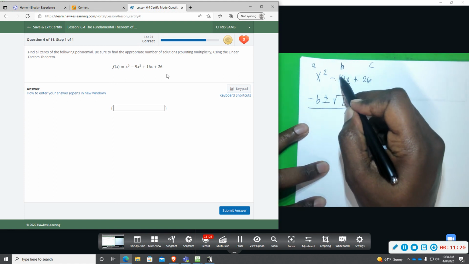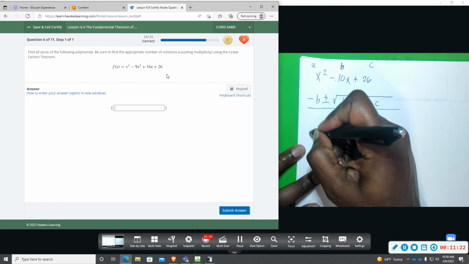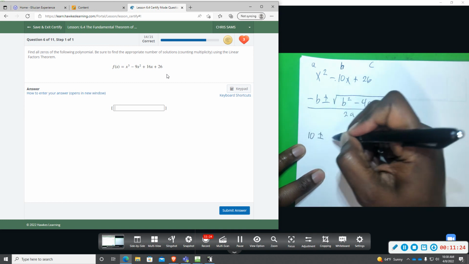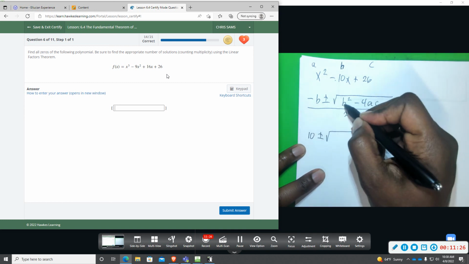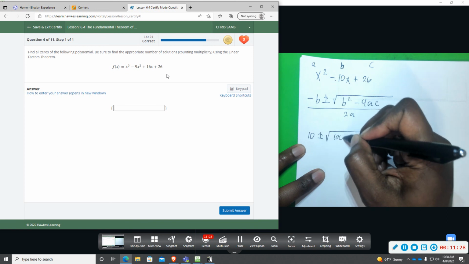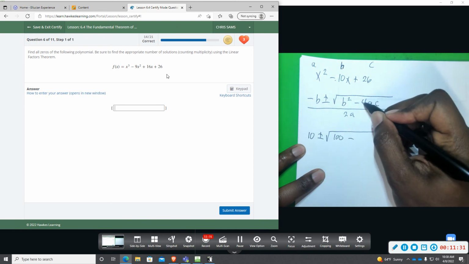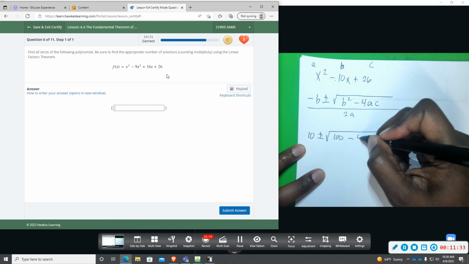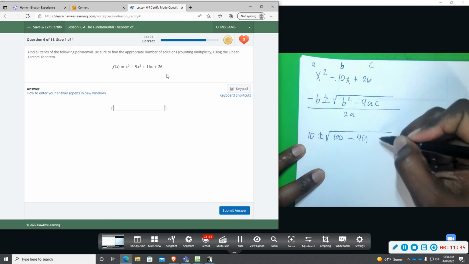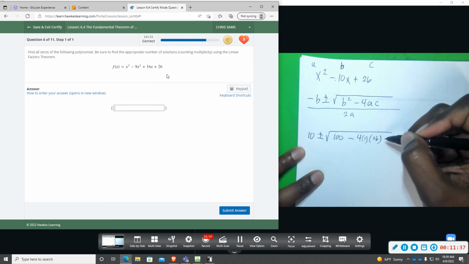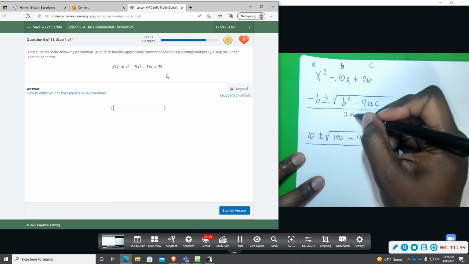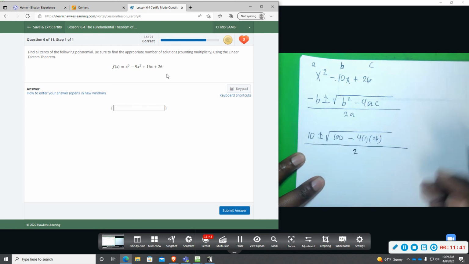So when I plug in a negative to a negative, it becomes positive 10 plus or minus the square root. And if I do 10 squared, it's going to be 100 minus 4 times a, which is 1, times c, which is 26, and then all over 2a, 2 times 1, which is 2.